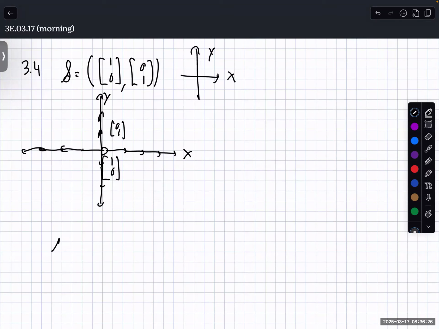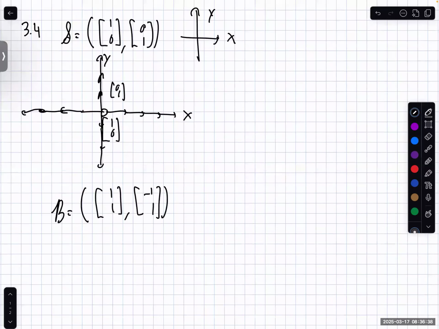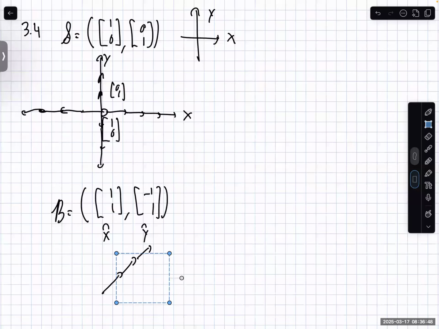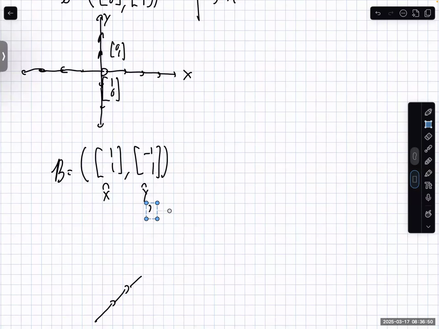And then we said if we have a different basis, we can do several copies of 1, 1.